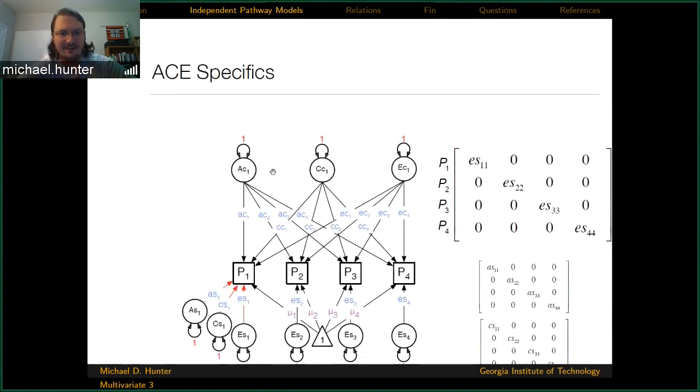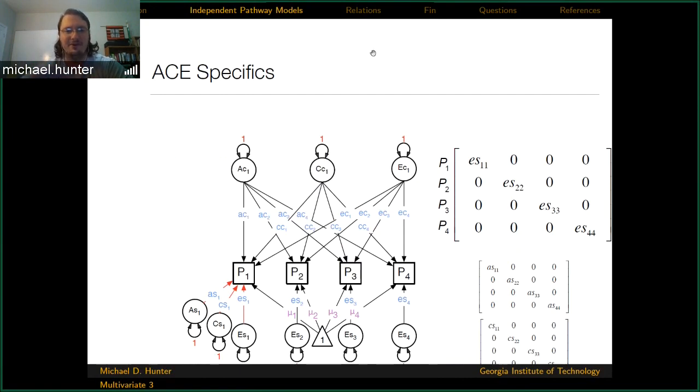This diagram here adds this residual piece where, in addition to the global A, C, and E factors that are common, here it's AC, CC, and EC, you've got specific A, C, and E factors, and these are basically decomposing the residuals of the factor model that you had before.